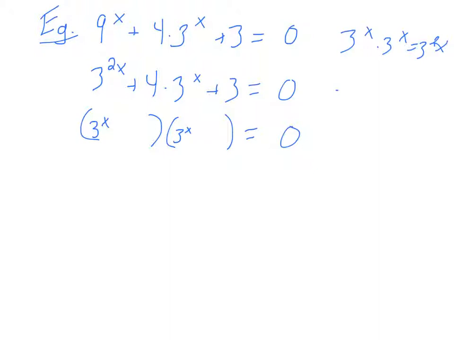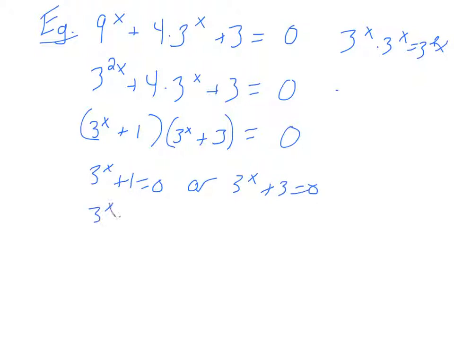Now, our coefficient here is 4, and we have 3. So we're looking for a factor pair of 3 that adds up to 4, which would be 1 and 3, right? So we end up getting 3 to the x plus 1 equals 0, or 3 to the x plus 3 is equal to 0.